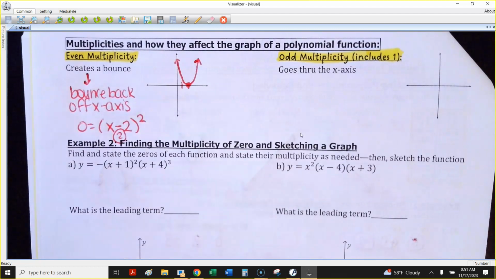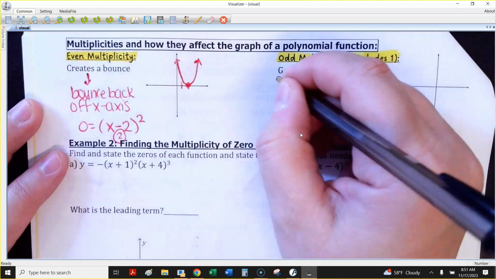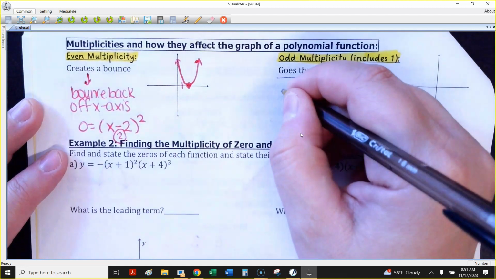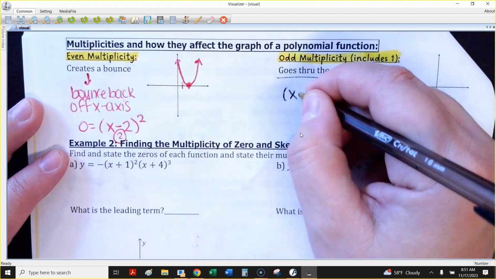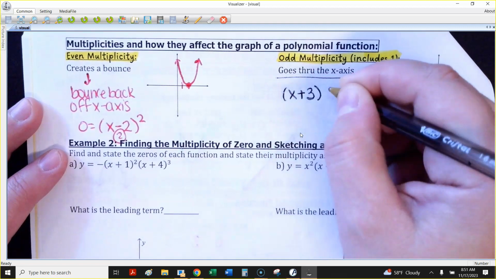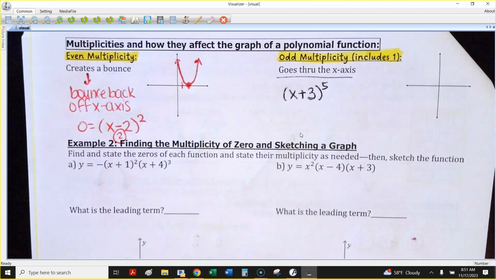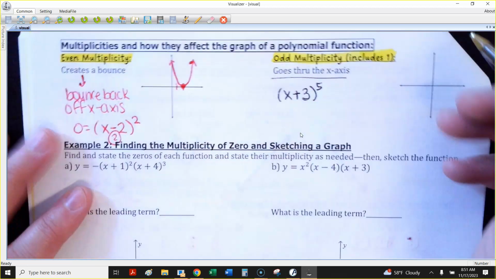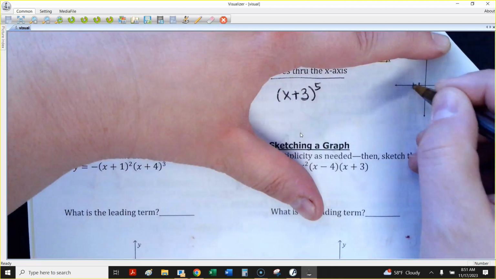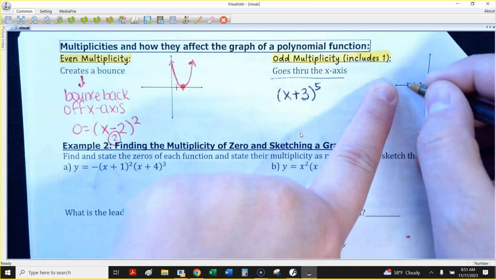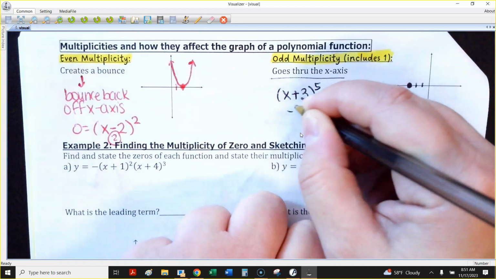But just to give you another example of what I mean by goes through the x-axis, let's say I had x plus 3, and that was to the 5th. As long as that exponent is odd, I'm going to go 1, 2, 3 to the left here. My zero would be at -3.